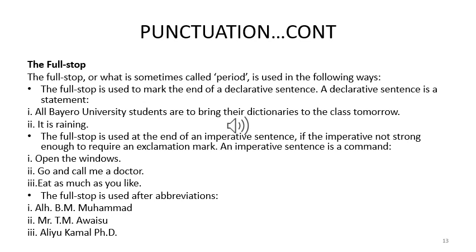The full stop also marks abbreviations. When you use the short forms of certain words or just letters, instead of writing the word in full, you use the full stop to show that that letter is representing a much longer word or name. For example, Alhaji BM Muhammad.